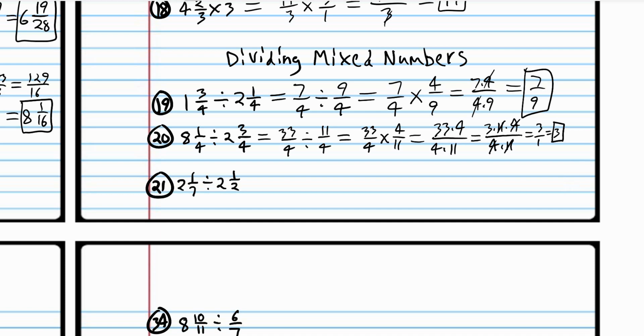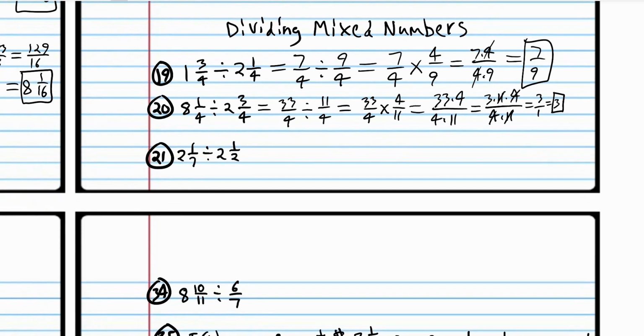All right, so pretty easy. All you have to do is convert these mixed numbers to improper fractions and then just use the division algorithm for fractions. So why don't you try number 21? Do it yourself, and when you come back, we'll do it together.